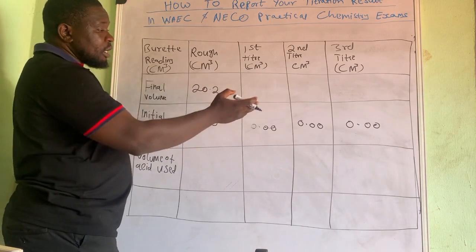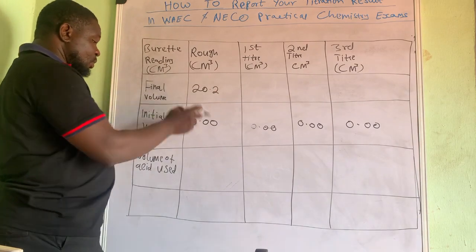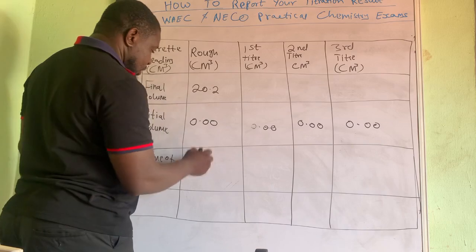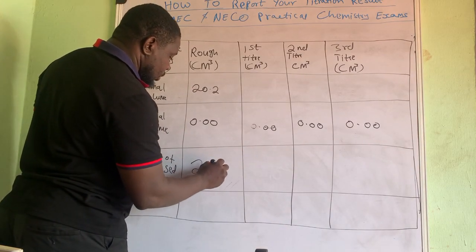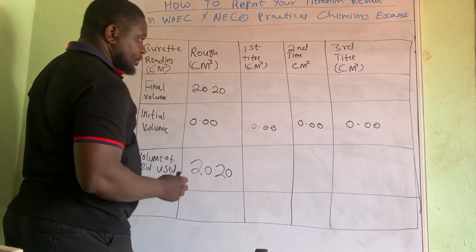Since you made sure that the initial is 0.00, your final volume will still be the volume of acid used. So in this case, we have 20.20.